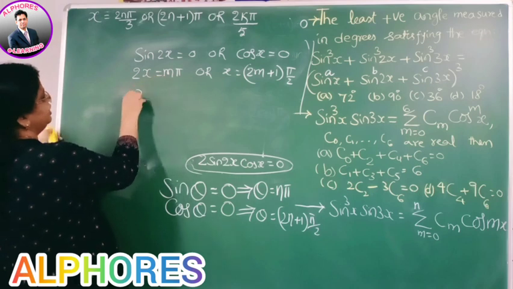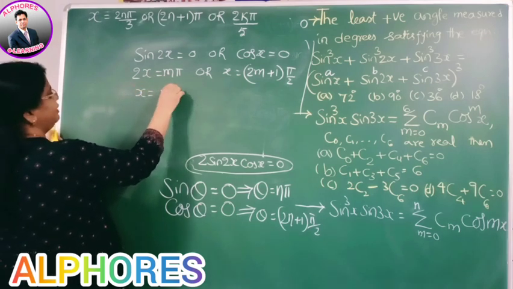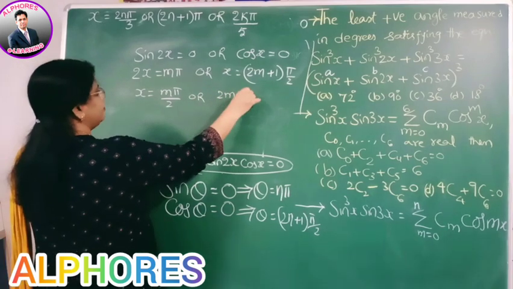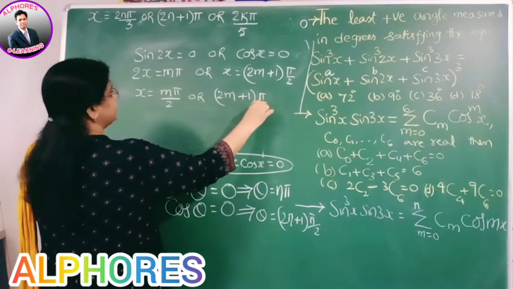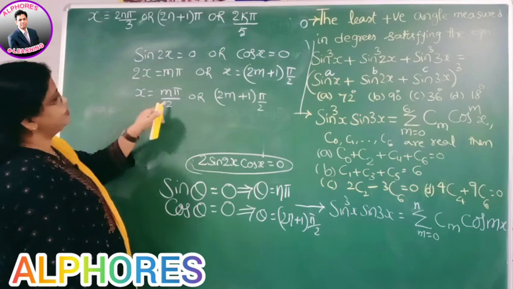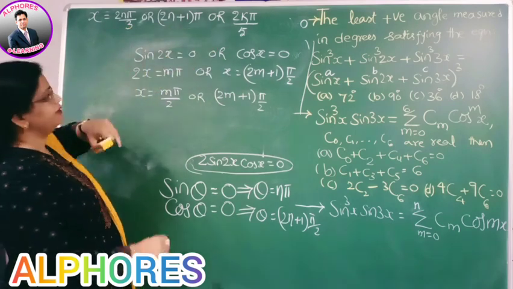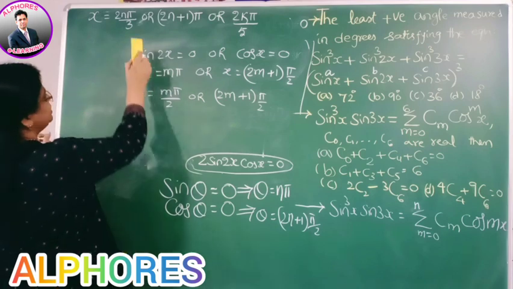And now what is the x value? mπ divided by 2 or the other value, an odd multiple of π/2. So students, finally you got these two values, and they did not appear anywhere here. That's why let us write them again separately.